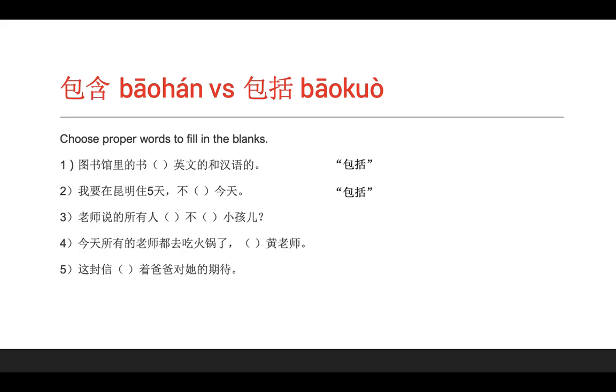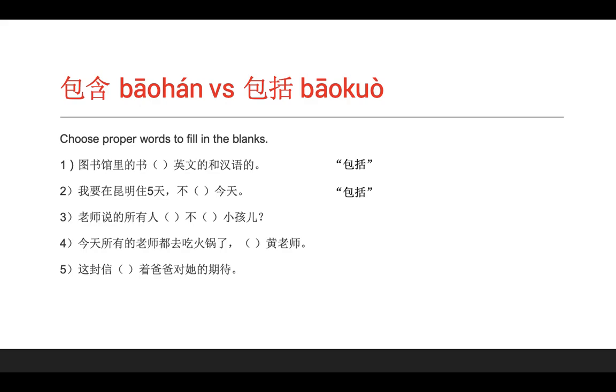Even though it's not included in the 5 days I'm going to stay, 今天 is still considered as a day and it still belongs to the period that I'm going to stay in Kunming. So here we are going to use 包括 instead of 包含 because we are not going to talk about a numerical relationship.